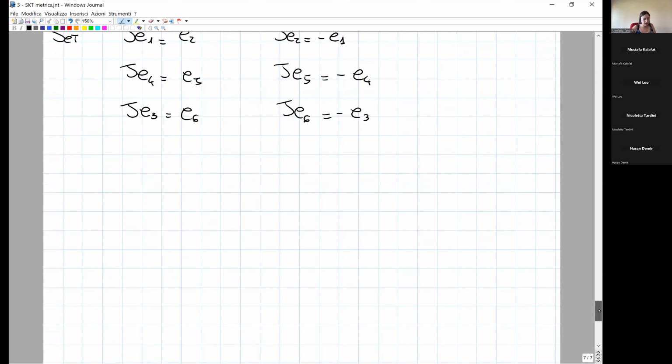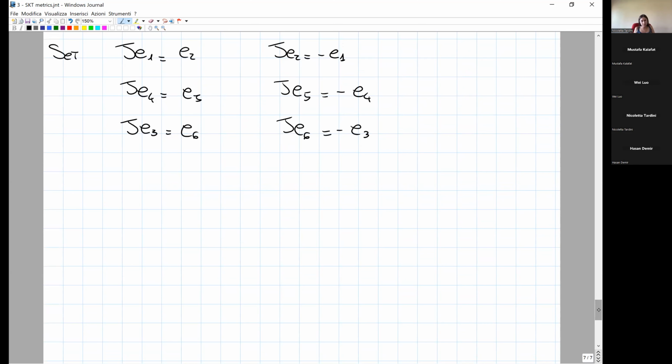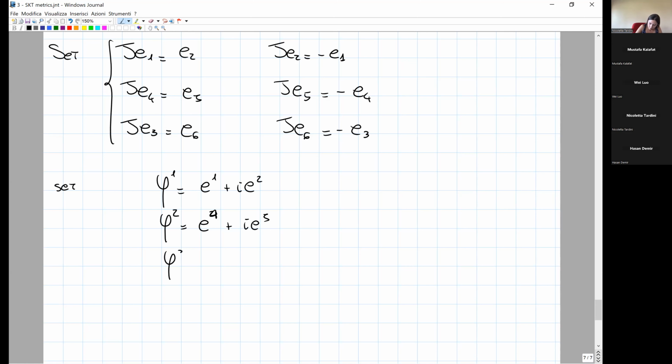Okay, so this defines an almost complex structure. You can check that it's integrable by computing the Nijenhuis tensor. Otherwise, you can set a set of 1-0 forms: phi1 given by e1 plus i e2, phi2 defined as e4 plus i e5, phi3 as e3 plus i e6.